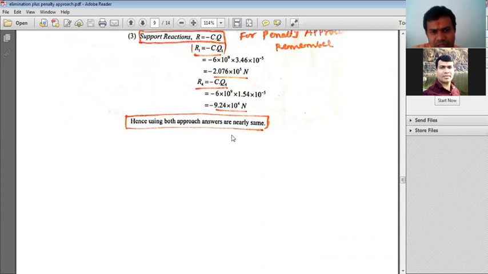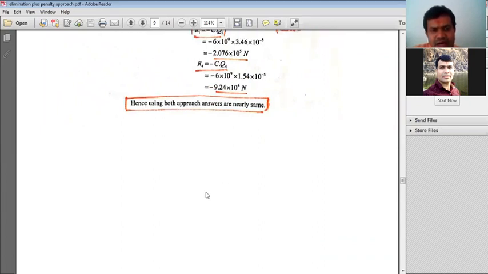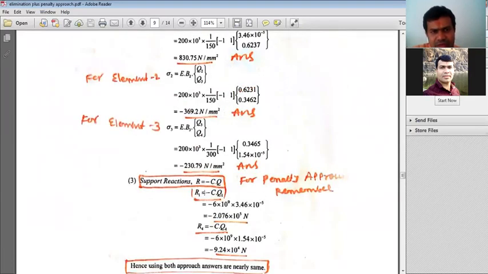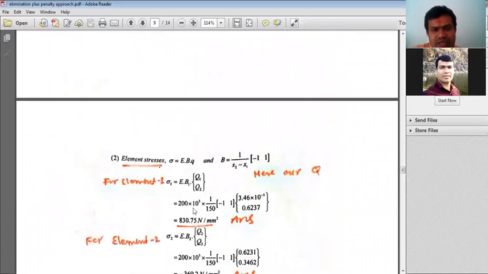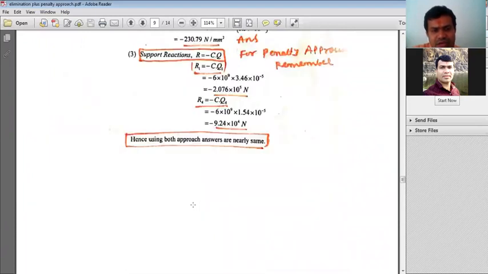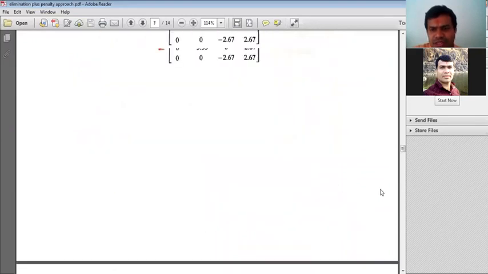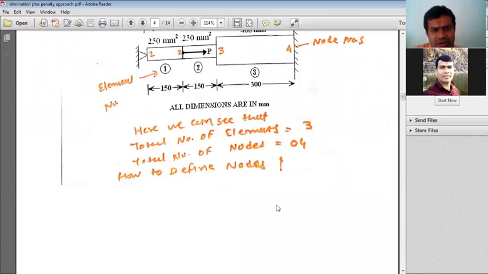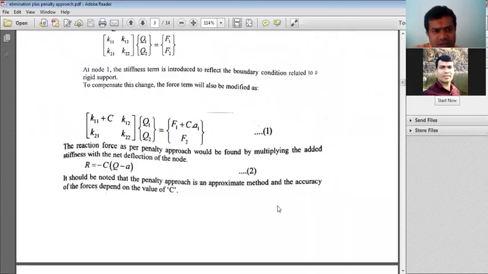So using both approaches, you can check the answers are nearly the same. Right? You get minor changes in value. So both methods we can use for this. But here you have to keep in mind that the penalty approach can't give you an exact value. Right?